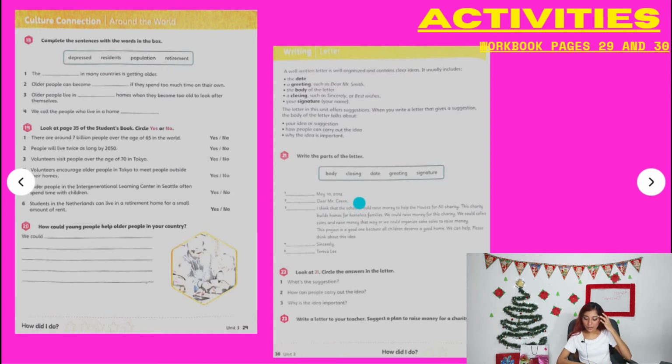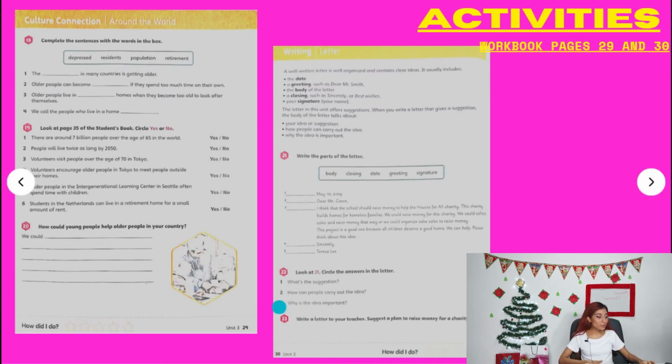Dear Mr. Green, I think that the school should raise money to help the houses for all charity. Okay, you read this, la vas a leer completa, vas a prestar atención, so you are going to complete by using this. You can look at the examples and also the example that I gave you before.